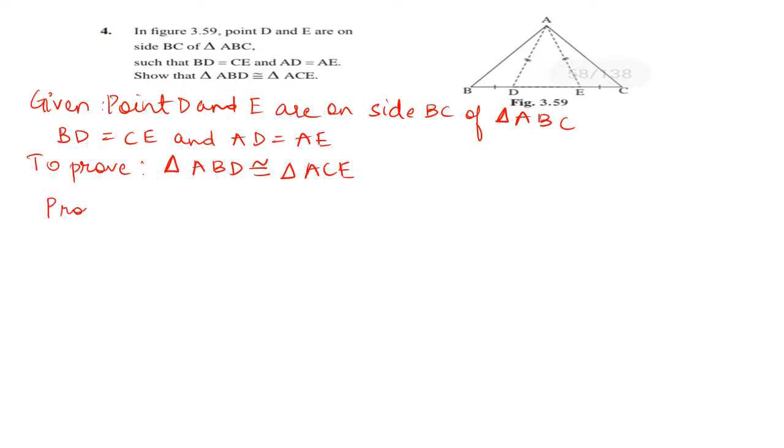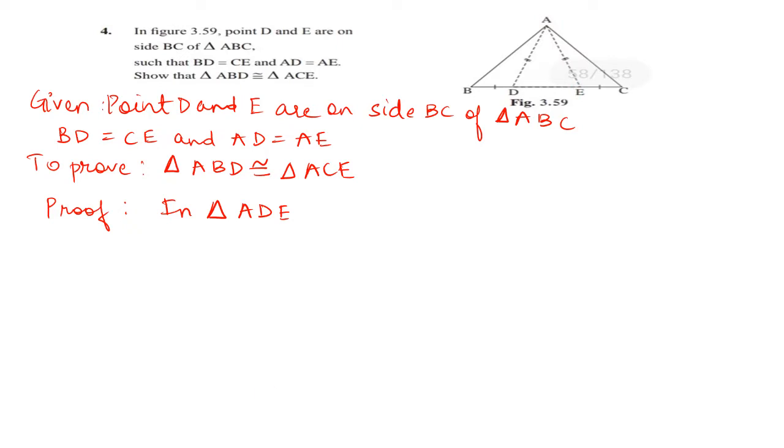So your proof starts. We'll take first triangle ADE. Here AD and AE are congruent. So with the isosceles triangle theorem, we can prove that angle ADE is congruent to angle AED.